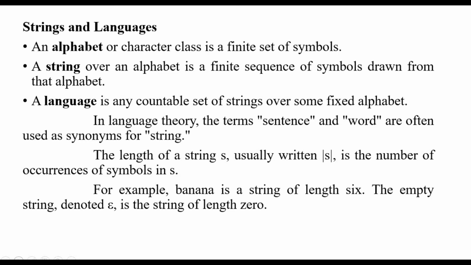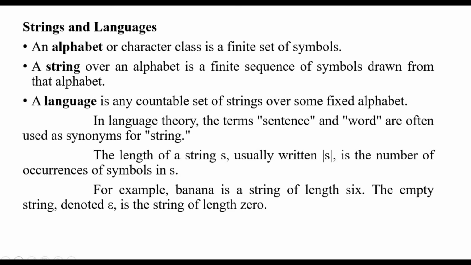Then a string over an alphabet is a finite sequence of symbols drawn from the alphabet. You can write any string using alphabets from A to Z. A language is any countable set of strings over some fixed alphabet.